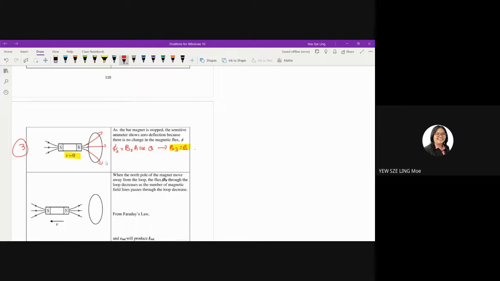If the B remains the same, then your flux is still equal to BA. So if it's still equal to BA, what does it mean? Now, if you look at induced EMF, it is equal to negative d phi over dt. The flux change from situation number 2 to situation number 3 is flux number 3 minus flux number 2 over time.